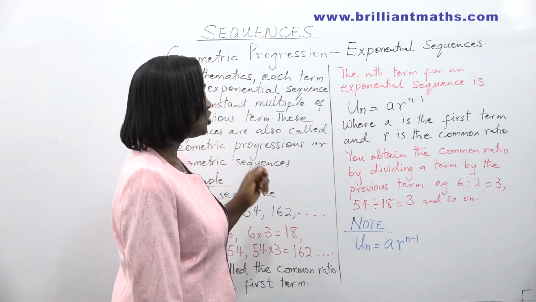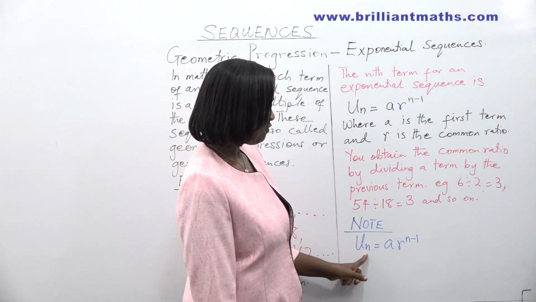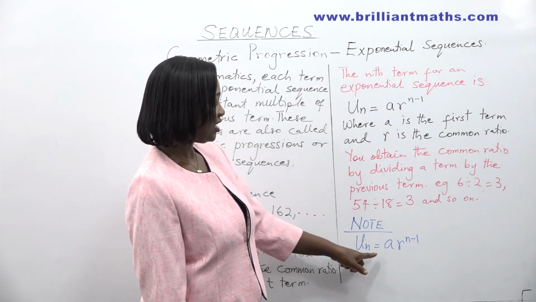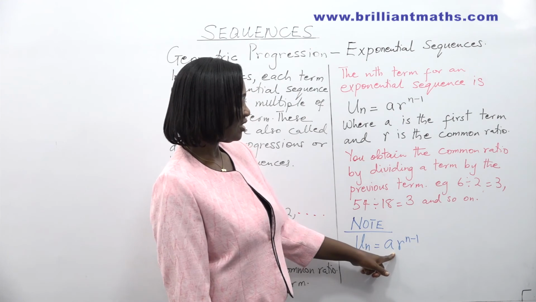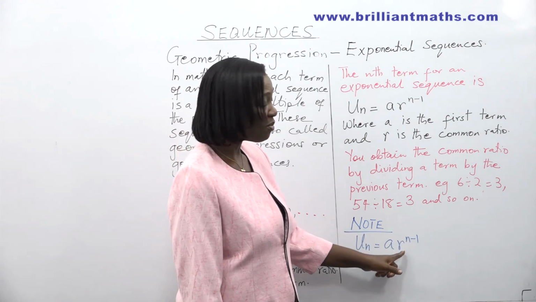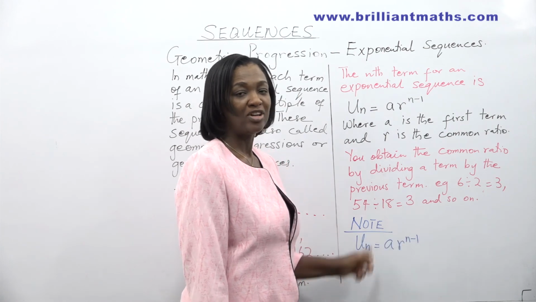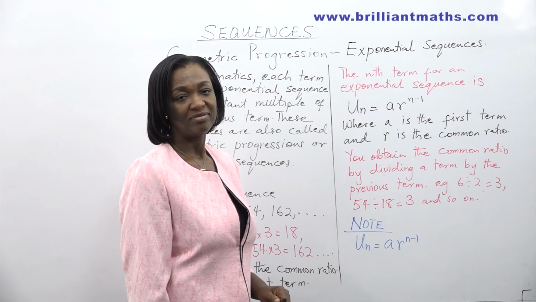So for this, what you need to know is that the formula for finding the nth term of an exponential sequence is first term times common ratio raised to power the term before the term you're finding.